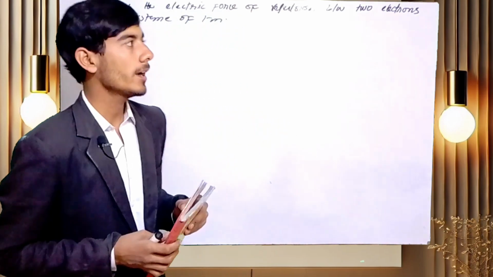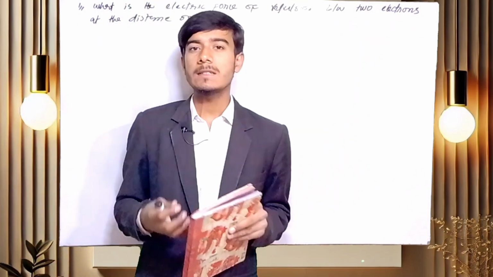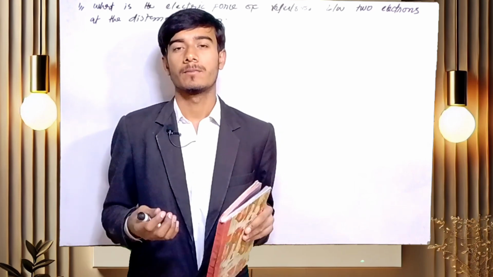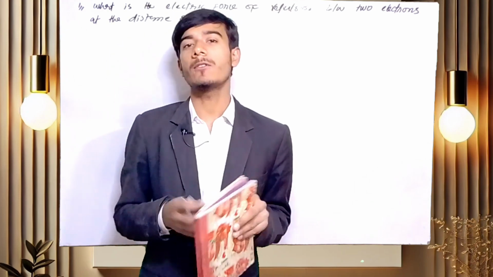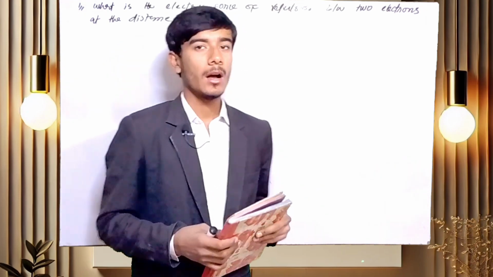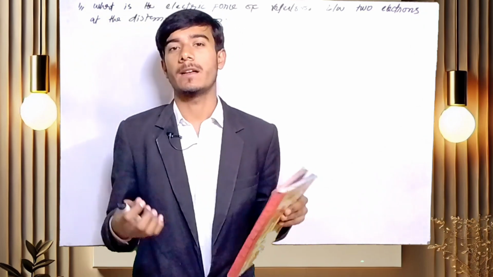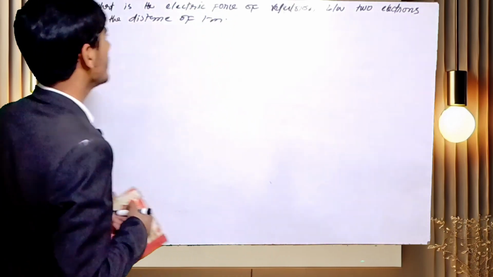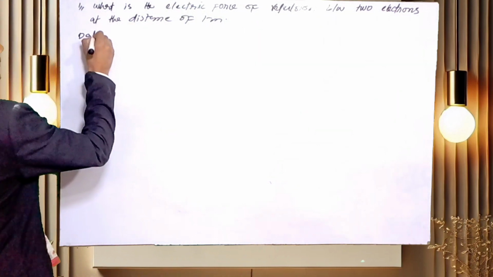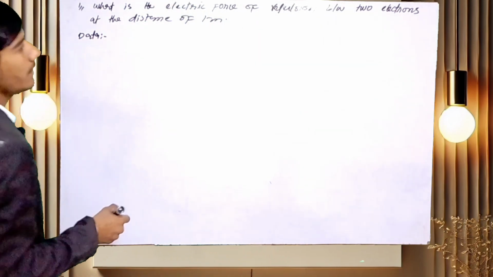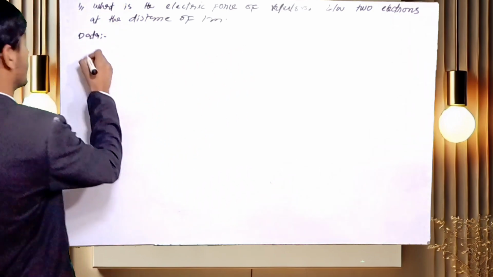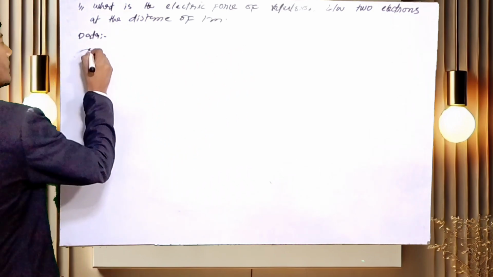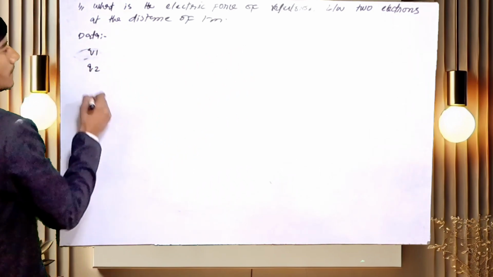So we have to find what is the amount of repulsive force, how much force they exert on each other when they repel each other. First of all, we are going to write the data. There are two electrons, charge 1 and charge 2.